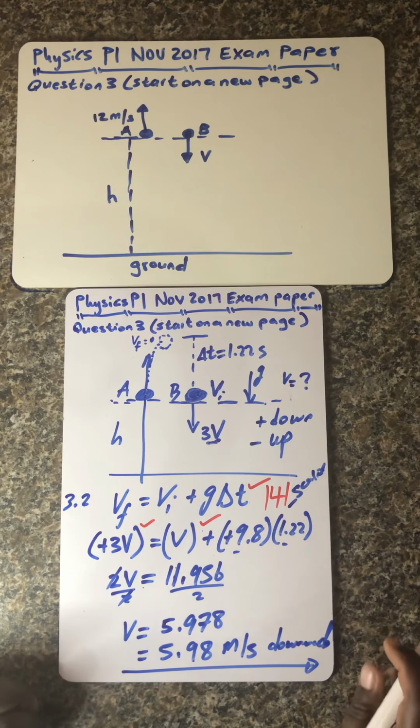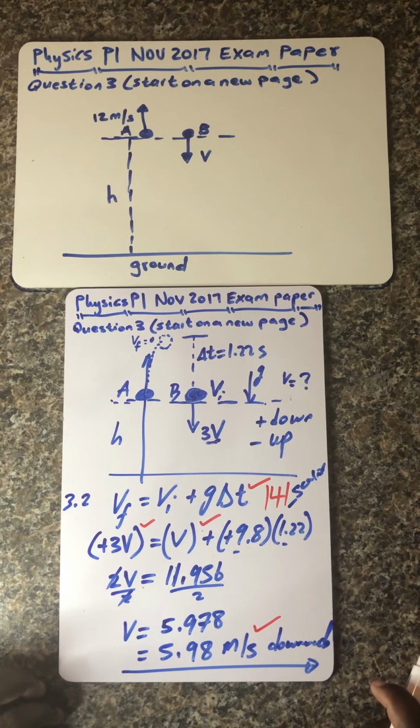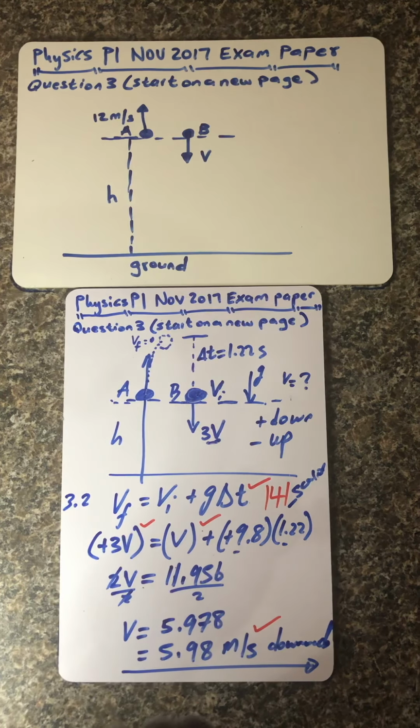The final mark I'm going to give you on your final answer, the correct final answer. And when I say the correct final answer, I'm talking about the value and the correct SI unit. So this is how you solve question 3.2, guys. I don't think this question was that difficult.